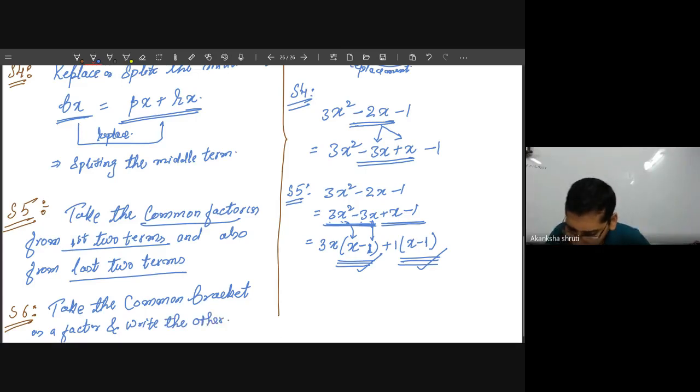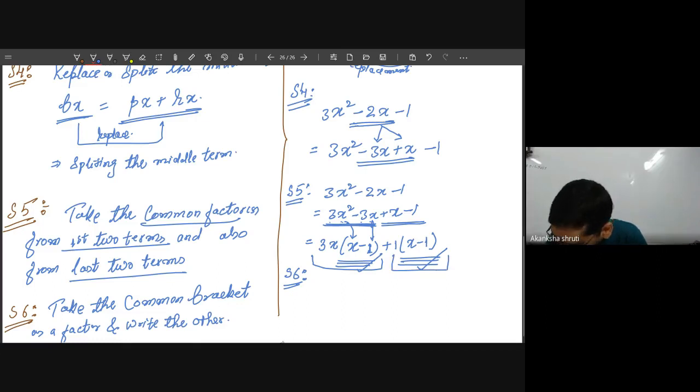Students, in this step number 5, whatever we have done was that from first two terms we were taking 3x as common. What was left was x minus 1. From last two, 1 was common. What we have written inside the bracket is x minus 1. In step number 6, again, whatever this bracket itself is common, that you have to take out. Means now you have to think of this as entirely one bracket, this as second bracket.